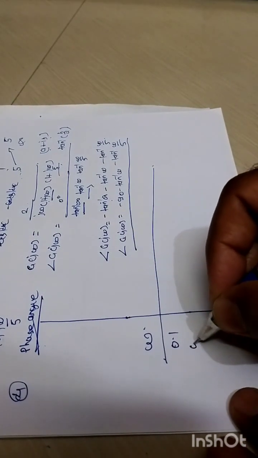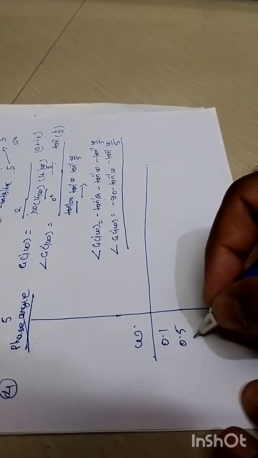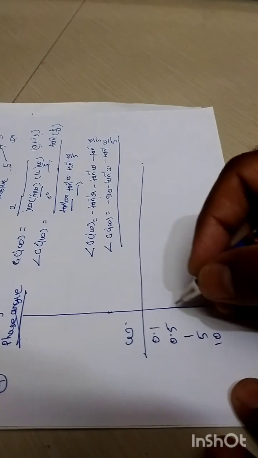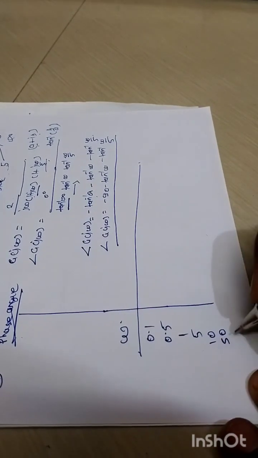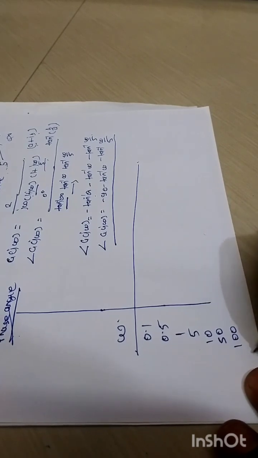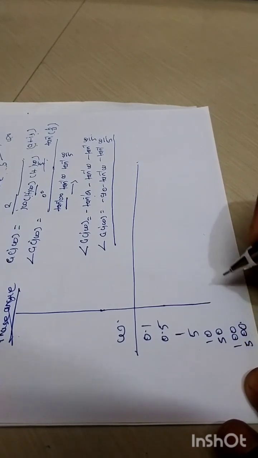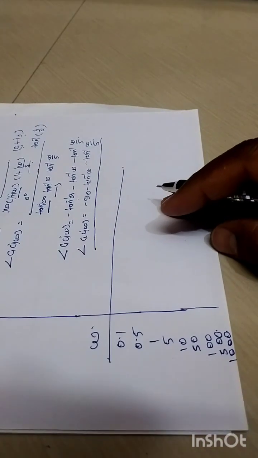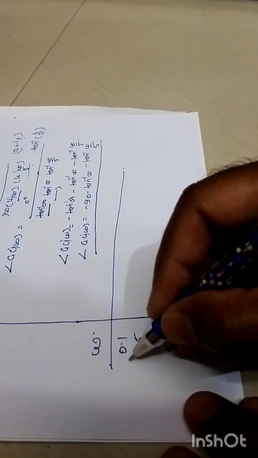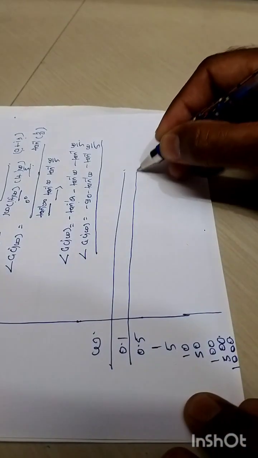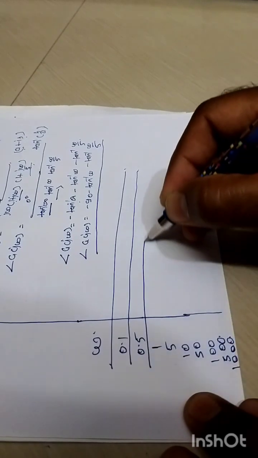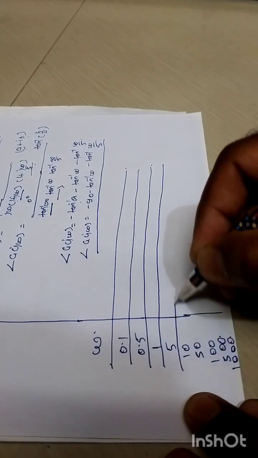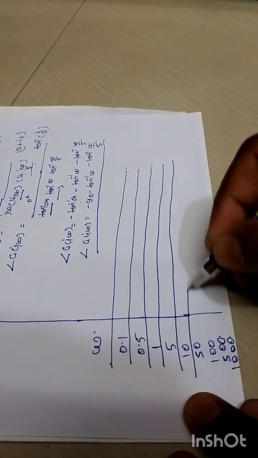Then after that it will be 0.5 radian per second, then 1 radian per second, then 5 radian per second, 10 radian per second, 50 radian per second, 100 radian per second, 500 radian per second, and finally 1000 radian per second. Here we need to consider all these different frequencies, and for all these different frequencies we need to determine the desired phase angle, right?